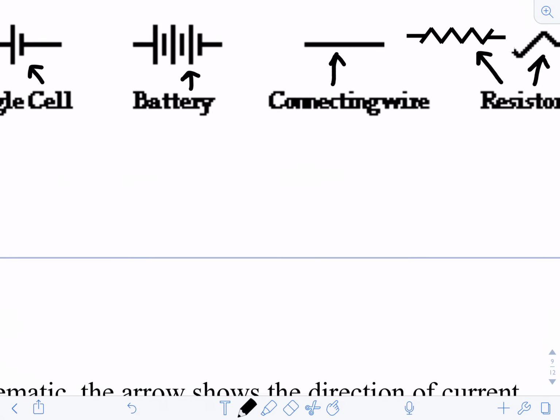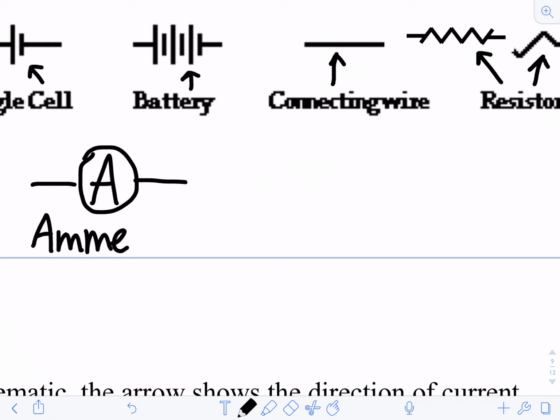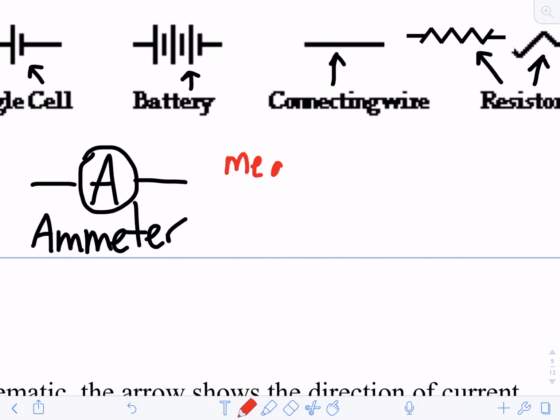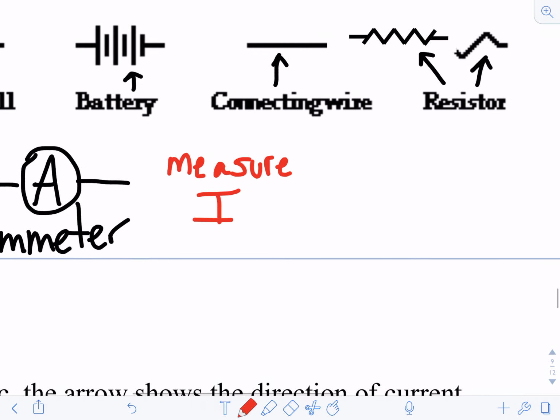Now, other ones that I want you guys to know are 2 measuring devices. One of them is going to be the letter A with wires connected to it, and this represents an ammeter. And what an ammeter does is it will measure the current in your circuit. And in the lab that you guys are doing on PhET, you're going to have to place an ammeter in your circuit.